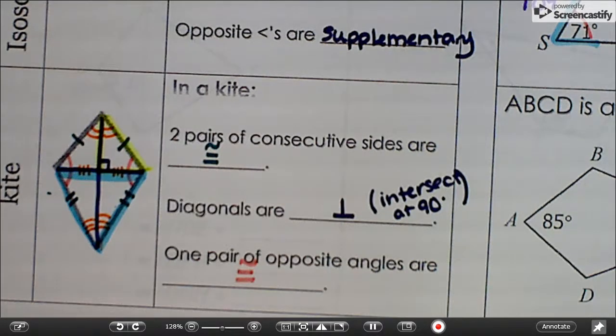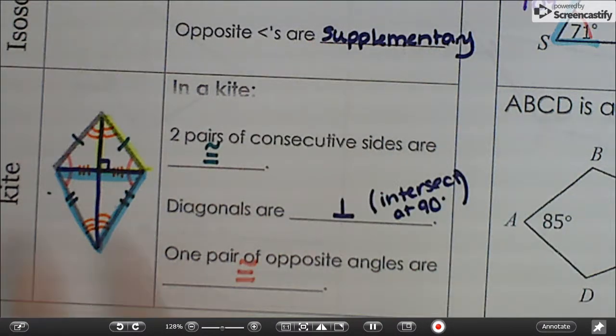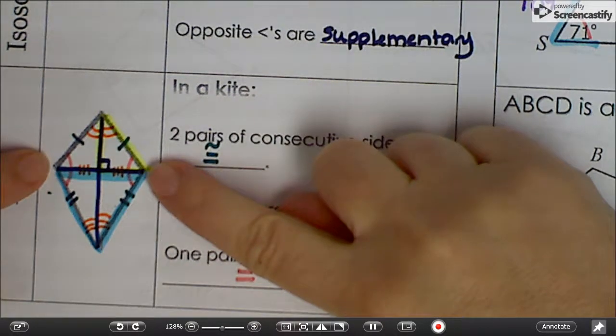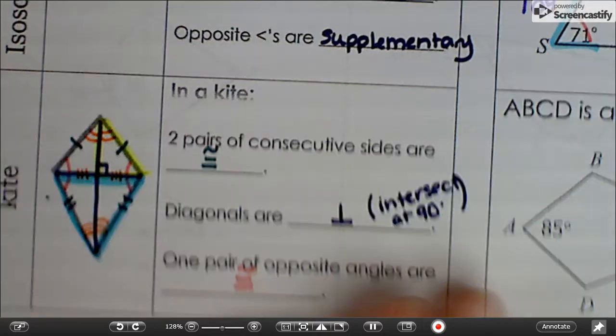So while those traditionally are not stated as properties, they are true with all kites. And so just kind of keep that in mind. It's a crazy diagram, but that's because kites are really cool. And just for clarity, these angles are not bisected. Okay, they're not bisected.